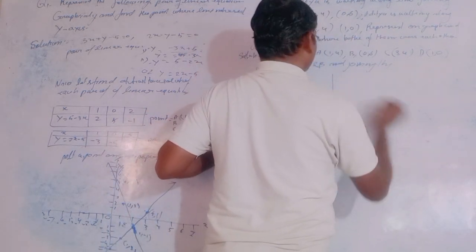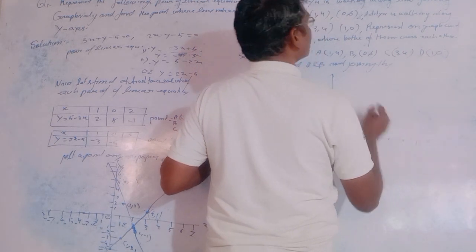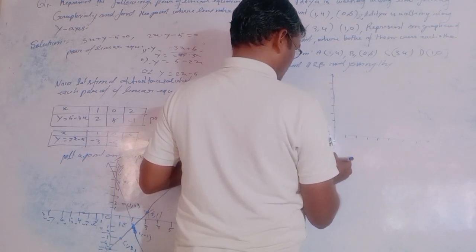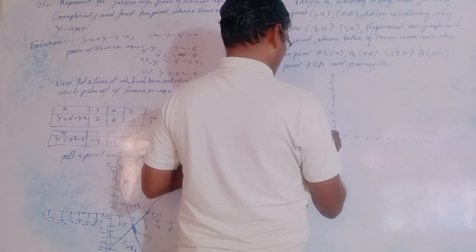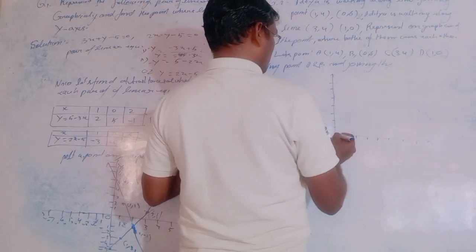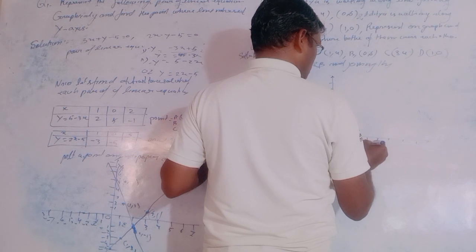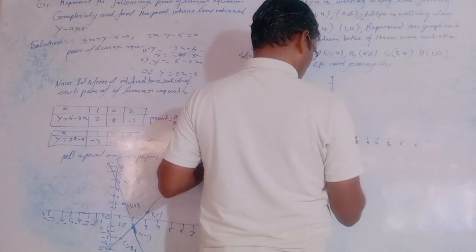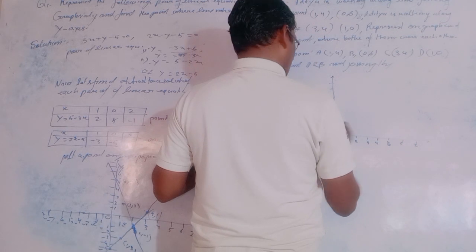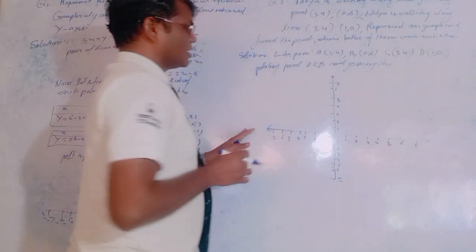Okay, this is the graph, with axes labelled 0 1 2 3 4 5 6 7 in each direction. These are the joining lines, and now we will plot A and B.